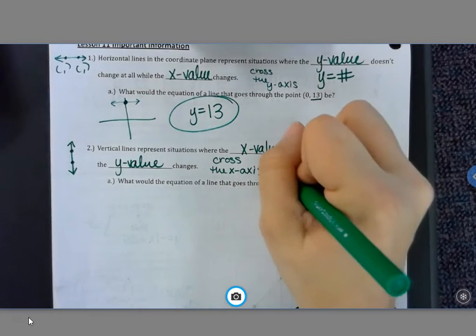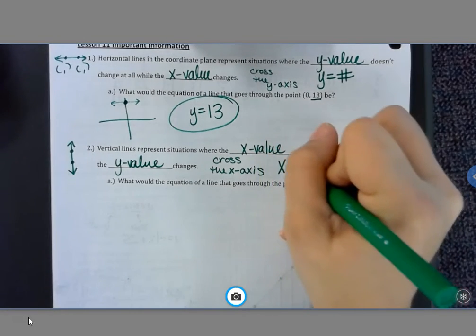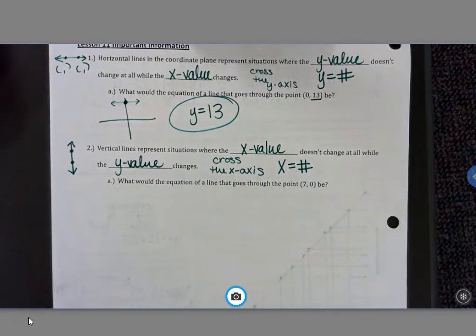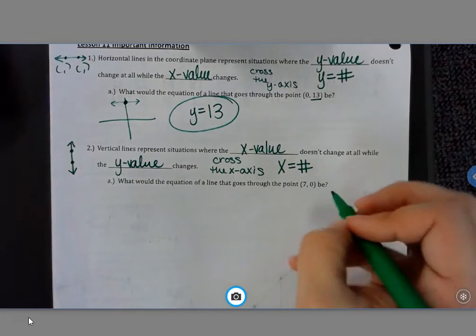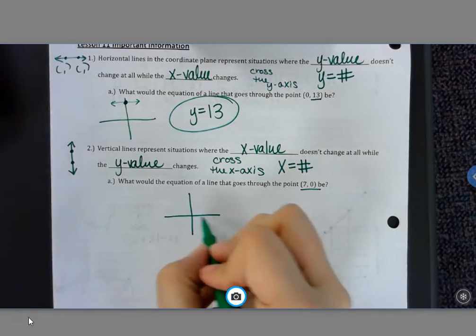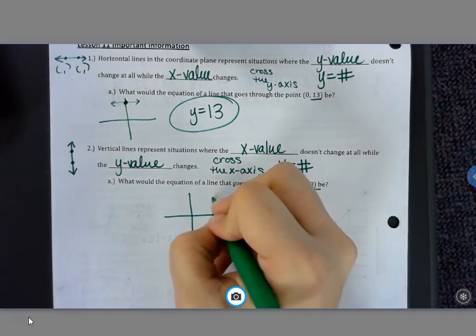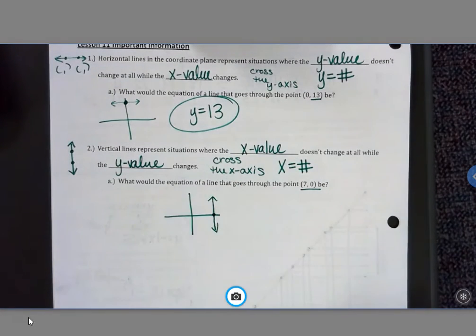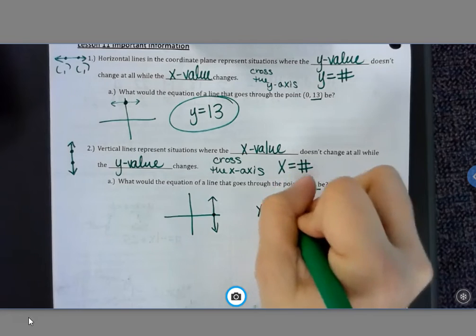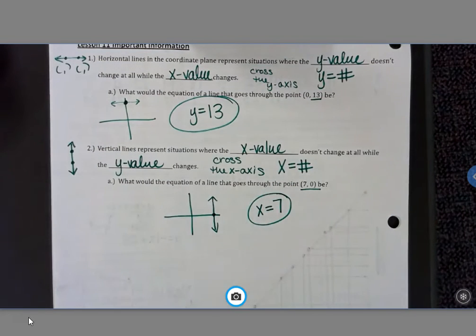So all of our vertical lines are going to have an equation of x equals the number where it crosses the x-axis. So for the point 7, 0, rough sketch, I'd have to go over to positive 7, up 0, so this would be my line. So my equation would be x equals 7, because that's where it crosses the axis at.